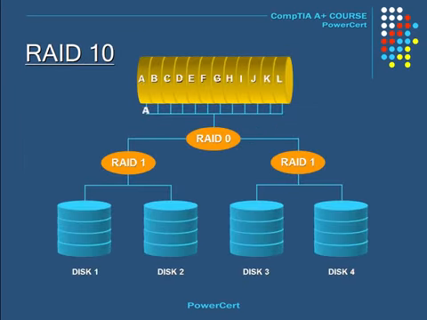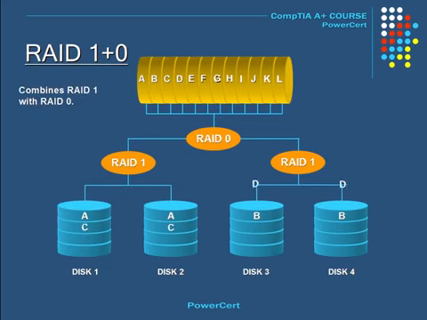Now we have to talk about RAID 10. And RAID 10 is basically what the name says. It's combining RAID 1 and RAID 0 together. And you need to use a minimum of 4 disks. So in a RAID 10 setup, a set of 2 disks are mirrored using a RAID 1 setup. Then both sets of the 2 disks are striped using RAID 0.